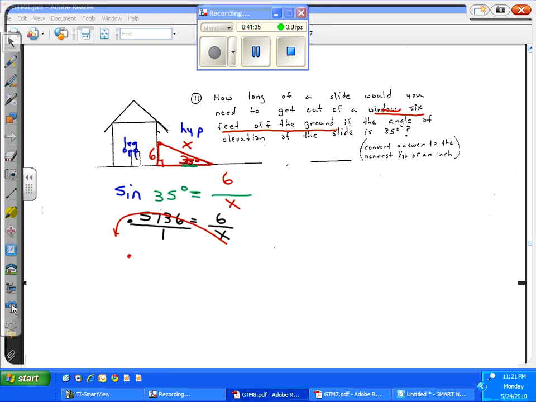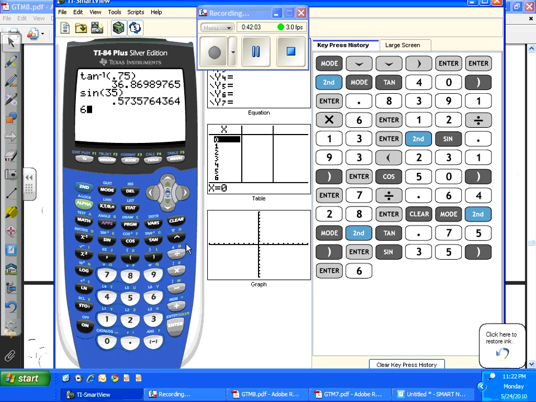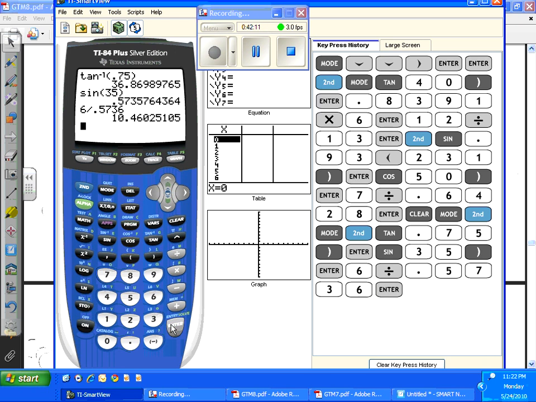So we're going to have 0.5736x equal 6. Undo multiplication by division. And we're going to have x equal 6 divided by 0.5736. And we get 10.46 rounded.